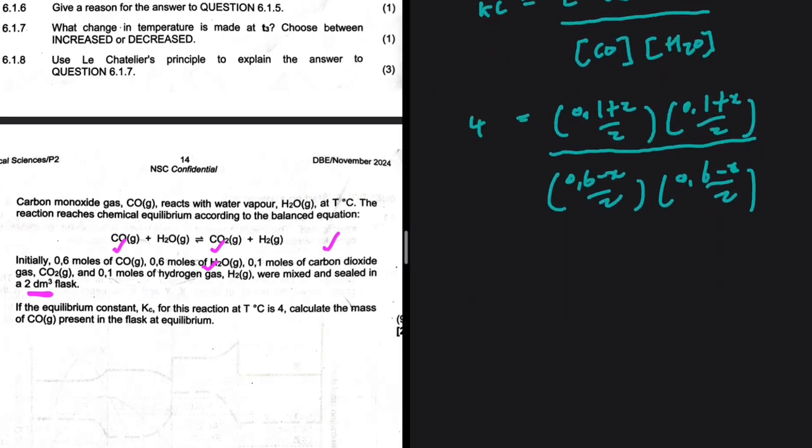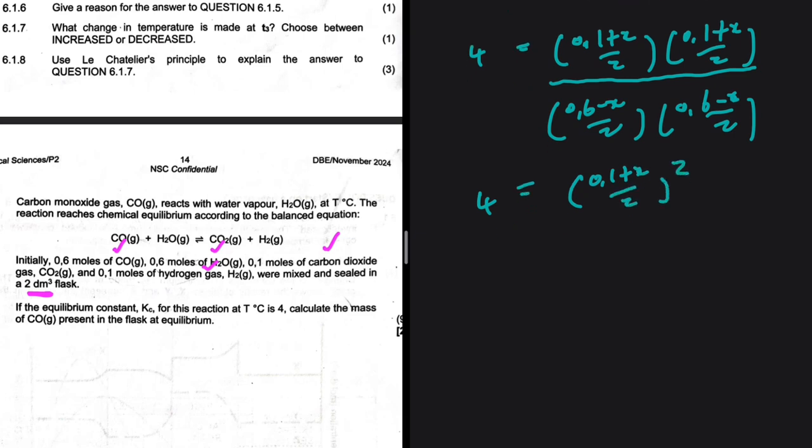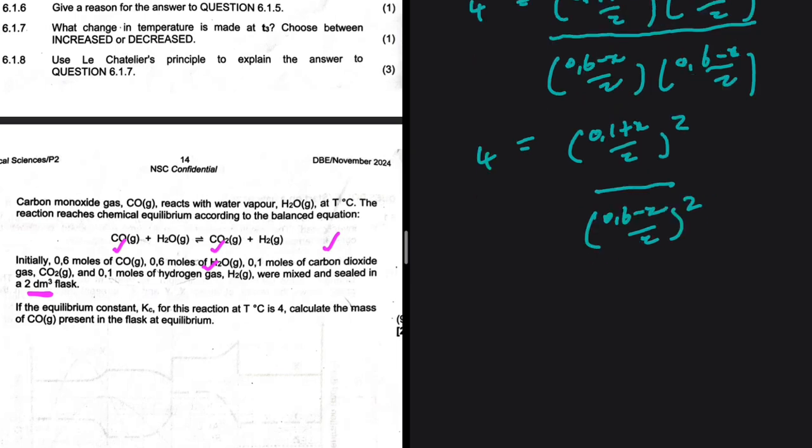So let's solve for x. First thing first, 4 is equal to 0.1 plus x over 2 to the power 2, because they are multiplying each other, divided by 0.6 minus x over 2, everything to the power 2. We can take square roots on both sides. I'm not going to write it down, but hopefully you can see that.